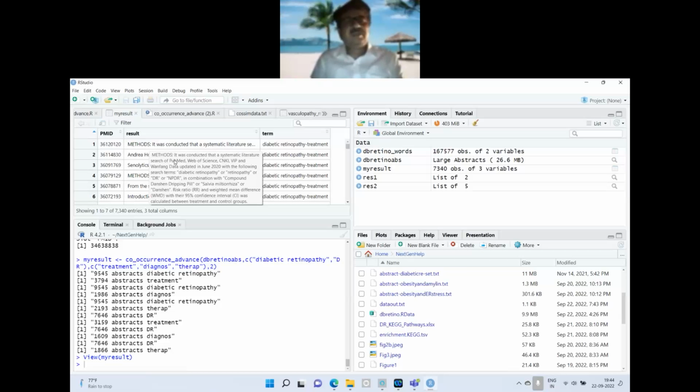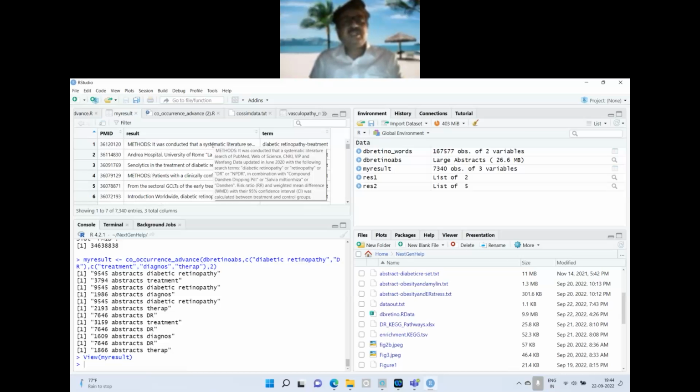The treatment word is there in the last line, and in the fourth line you can see diabetic retinopathy is there. And here it tells which combination it has got.